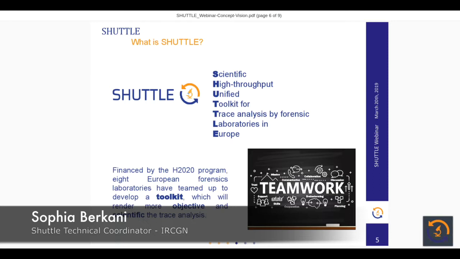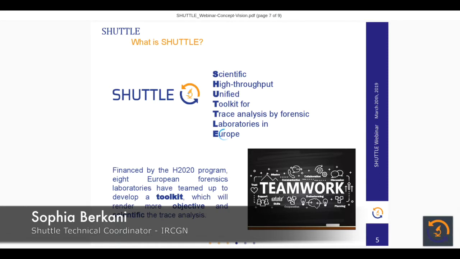Shuttle is short for Scientific High Throughput Unified Toolkit for Trace Analysis by Forensic Laboratories in Europe. As I said during the introduction, it's a project financed by the H2020 program, where 8 European forensic laboratories and institutes have teamed up to develop a toolkit which will render trace analysis more objective and scientific.